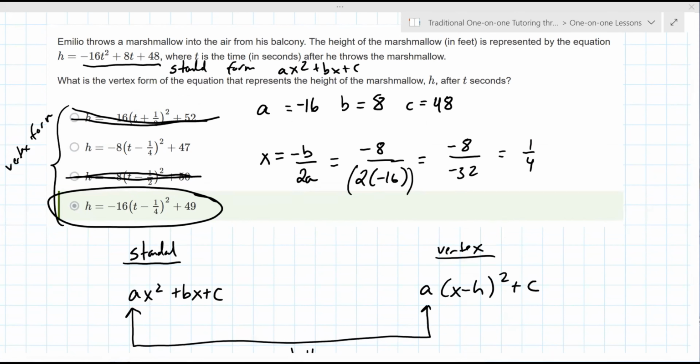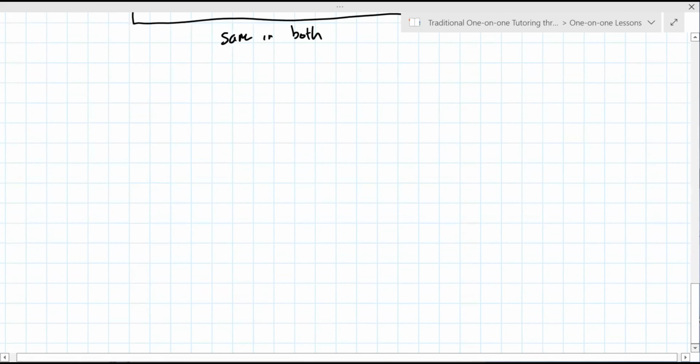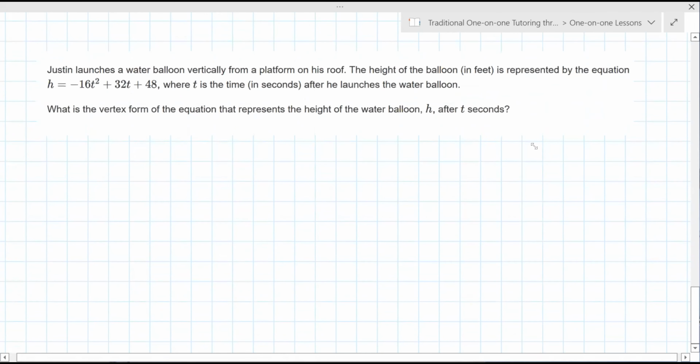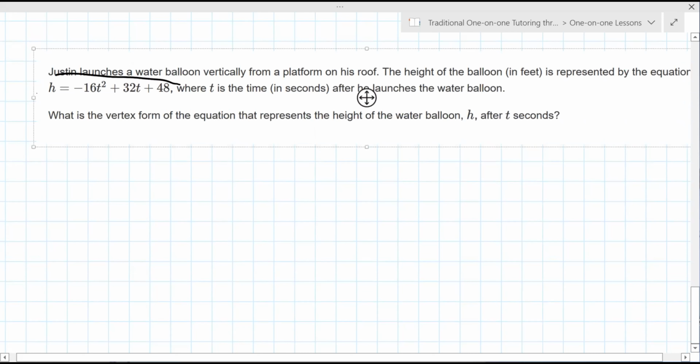Okay, so let's do another problem here. Let's do this vertex form stuff. I'll have you jump in here at some point and try some problems. There's a lot of words here, but all I want us to do is focus on this equation right here. And I want you to find the vertex.